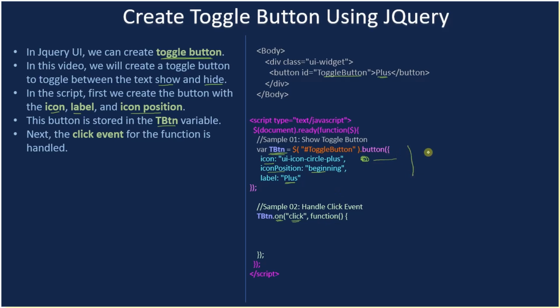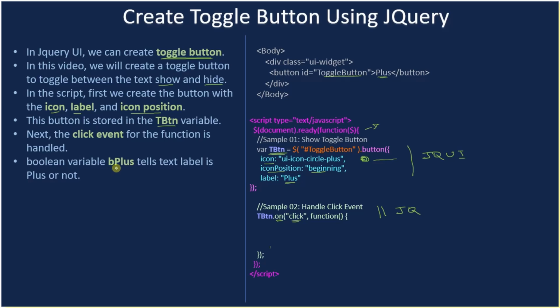So this stuff is jQuery UI, and this on handler is coming from jQuery, right? Even this function is also coming from jQuery. Alright, we are handling the click event, right? tbtn on click, this function, the handler function.